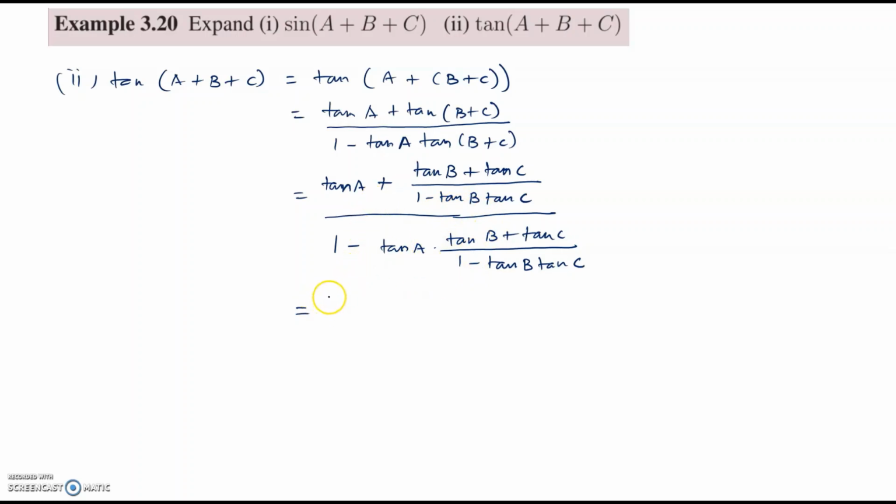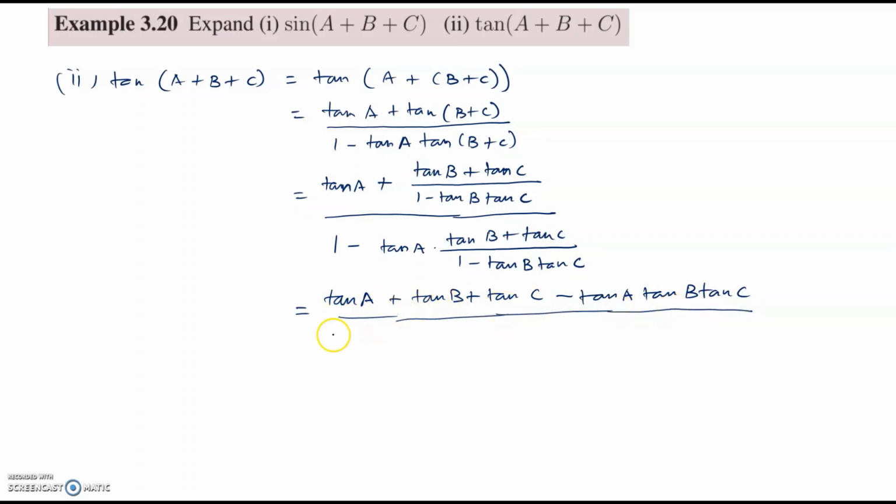So this would be tan A plus tan B plus tan C minus tan A tan B tan C, the whole thing divided by 1 minus tan A tan B minus tan B tan C minus tan C tan A.